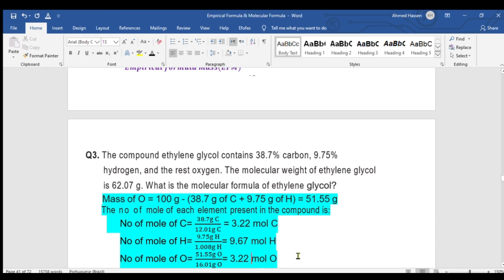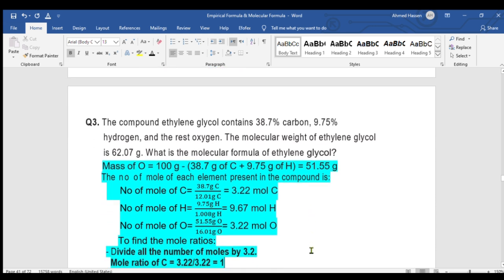Which one is the smallest number of moles? It is this one and this one, belonging to carbon and oxygen, having almost the same result. Therefore, we divide all the values by this number. It becomes 1, but this one becomes another number which is nearly 3.